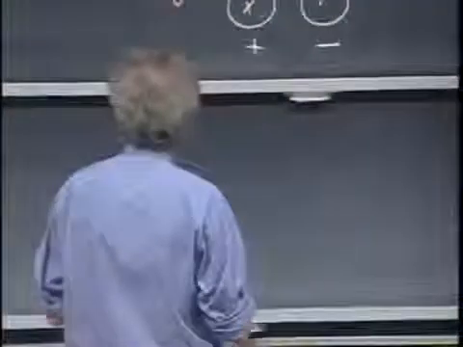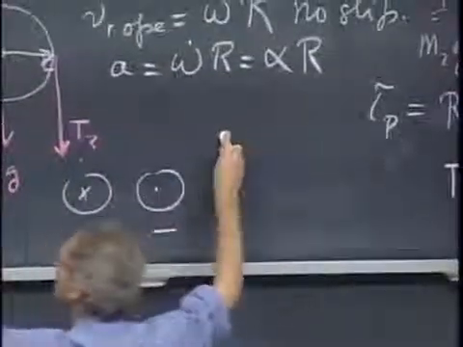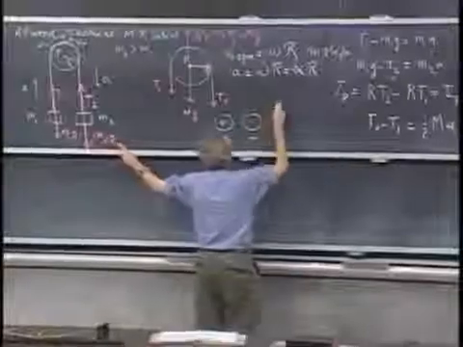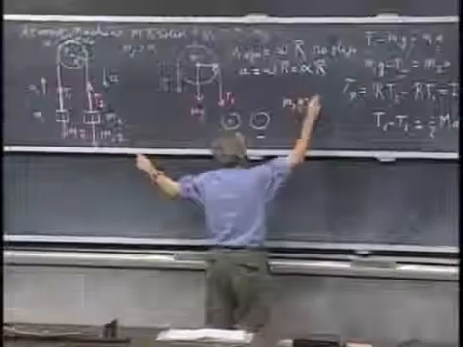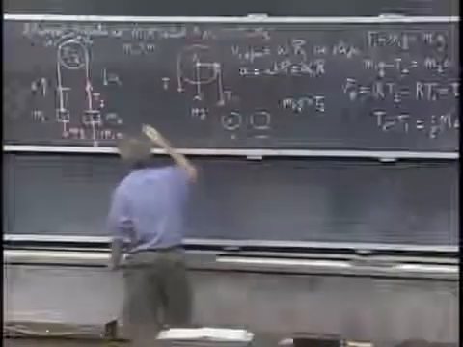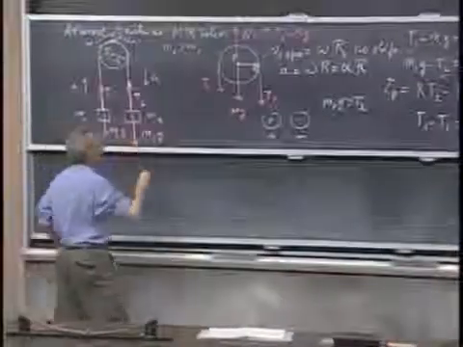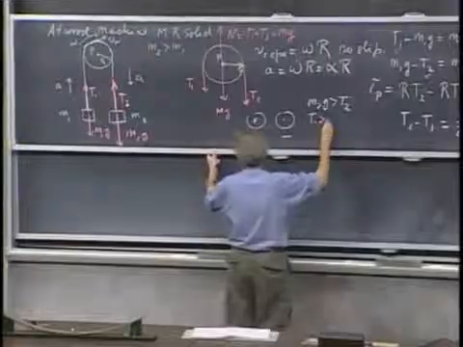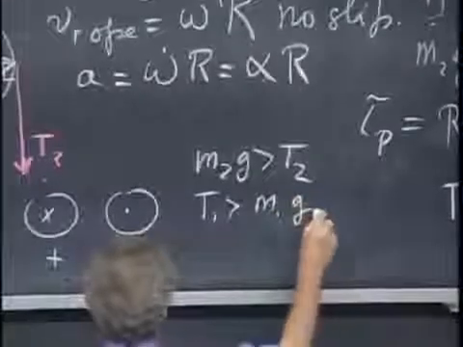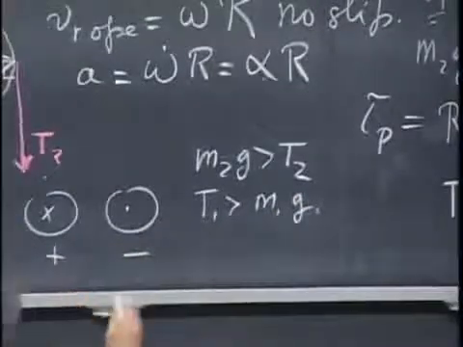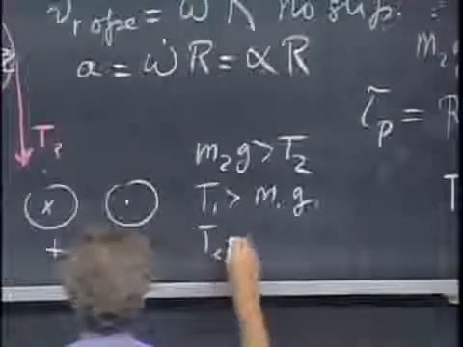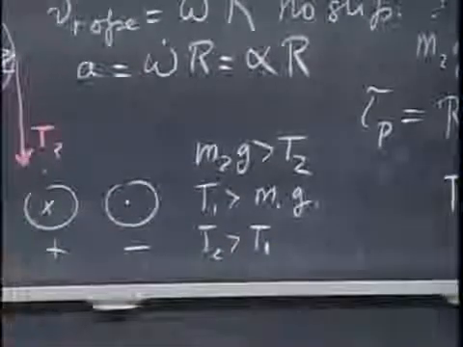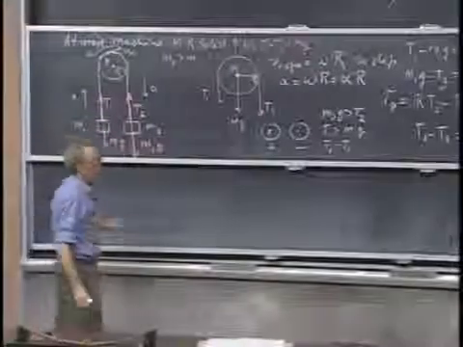You should make sure that M2G is larger than T2. That's a must, otherwise it's not being accelerated down. You should also check that T1 comes out larger than M1G. That's also a must. And you should also check that T2 be larger than T1, otherwise the pulley wouldn't rotate in clockwise direction.